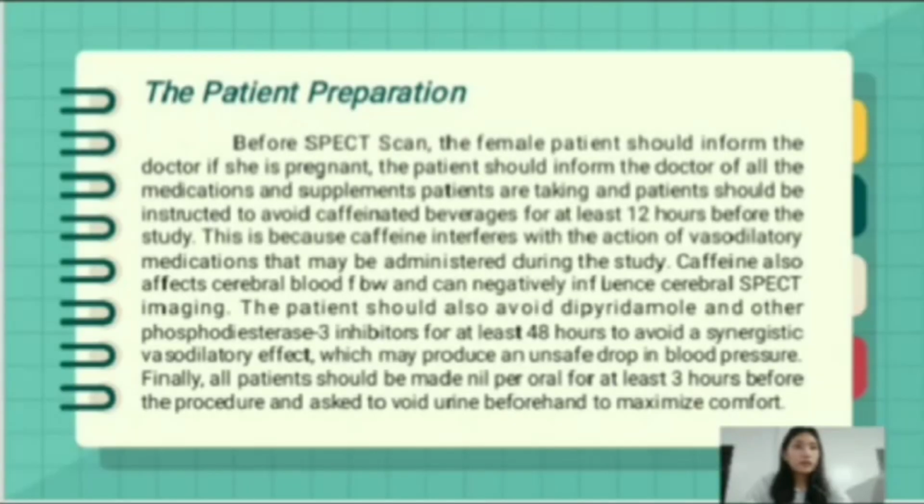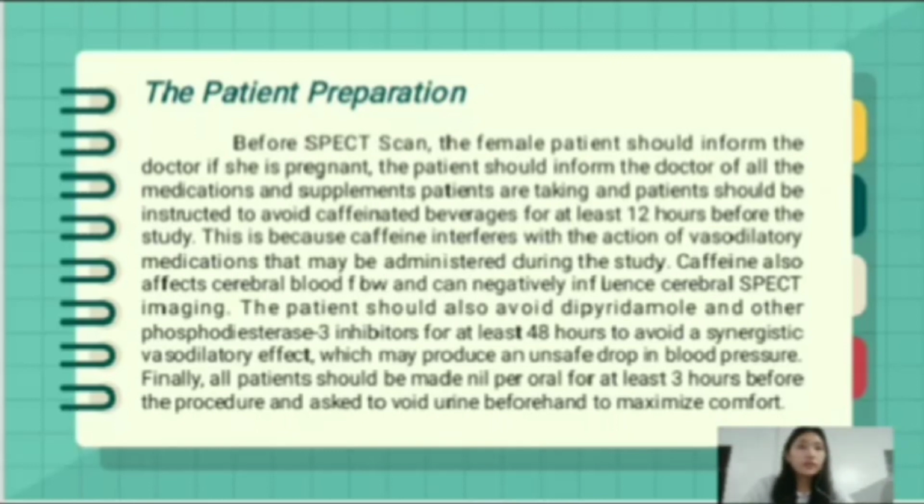Patient preparation. Before a SPECT scan, a female patient should inform the doctor if she is pregnant. The patient should inform the doctor of all the medications and supplements they are taking, and patients should be instructed to avoid caffeinated beverages for at least 12 hours before the study.